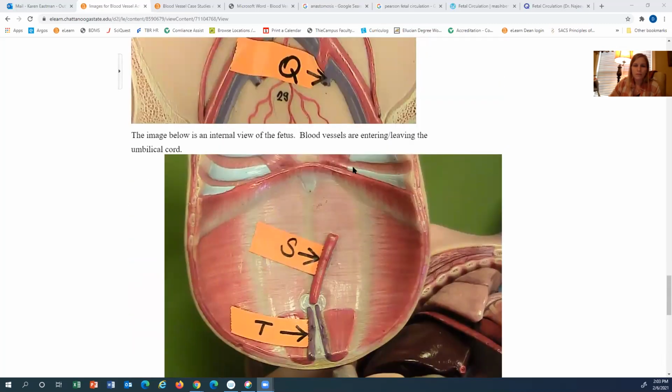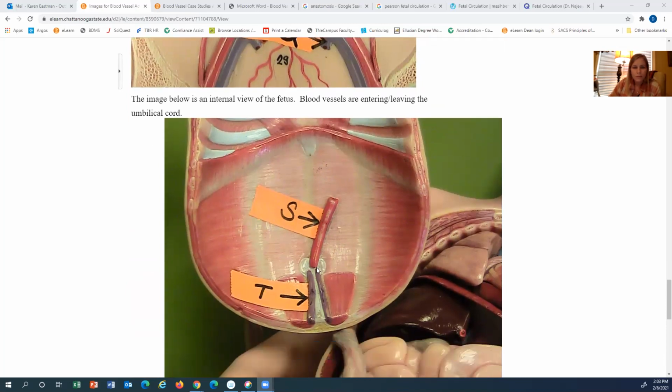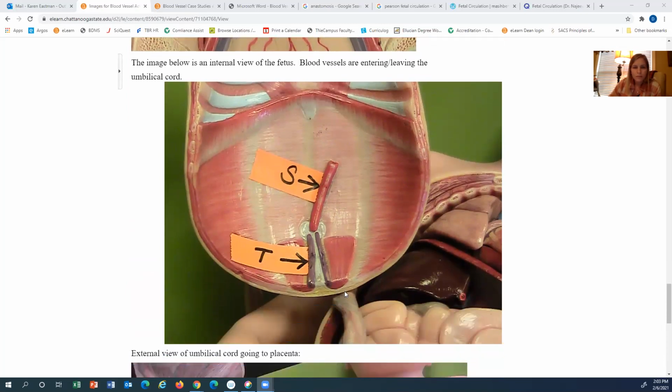Here you're going to see ribs, and here's the abdominal wall, so these are the rectus abdominis muscles and then transversus abdominis. Right here's the belly button, and again, there's that umbilical cord. The umbilical cord is going to the belly of the fetus, and when that cord comes in, it's bringing blood in through one vessel and taking blood out through another.